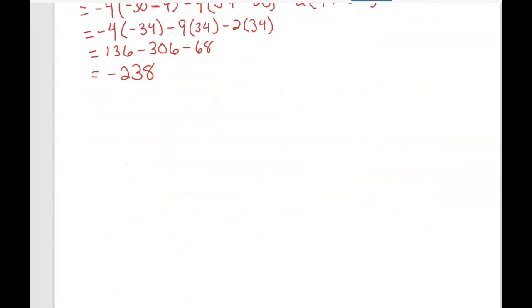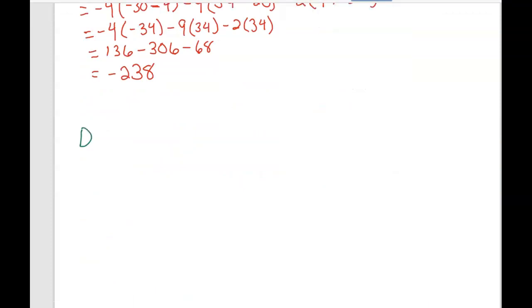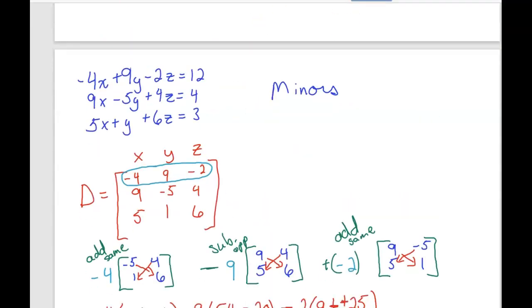I would need to find now the dx matrix, the dy matrix, and the dz matrix. The dx matrix, I replace the x column with the results. When I talk about the results, that is whatever is in the equals column.